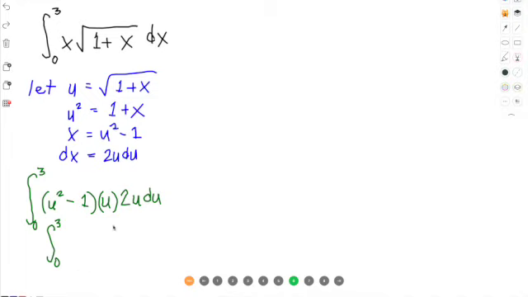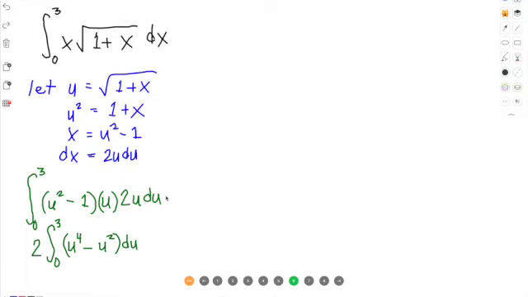So we can take out this constant 2, so that would be u to the fourth minus 1 times u times another u, since we already took out 2, so that's u to the fourth minus u squared du.